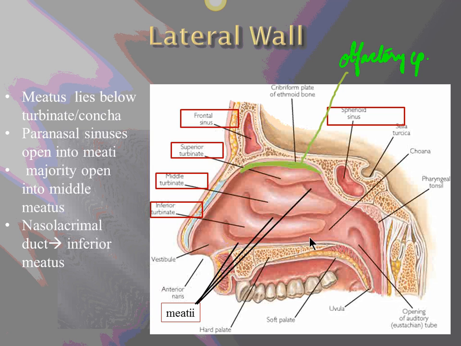And in the inferior meatus is the opening of the nasolacrimal duct. Now this is important to know. You all know the nasolacrimal duct comes from your eyes, and you must have done this in A and P 1. So again, if you draw the face like this, and here's the eye.